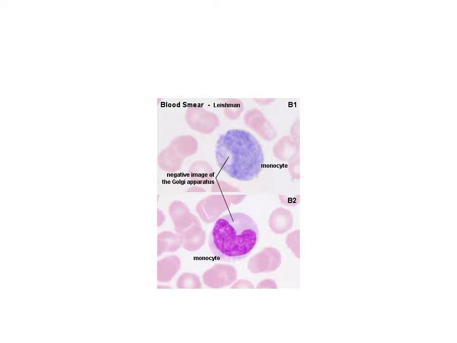The nucleus has one lobe. The shape of the nucleus may be variable, indented, kidney shaped, convoluted on itself, different shapes may be there. But the common thing is this has no segments between different lobes. This is only one lobe. And plenty of cytoplasm which contains vacuoles inside.